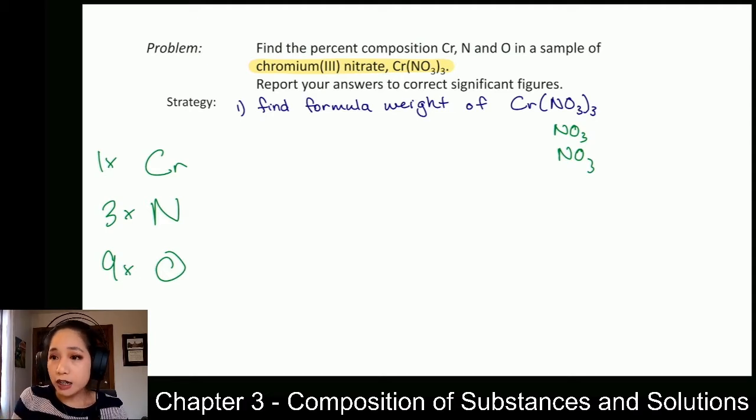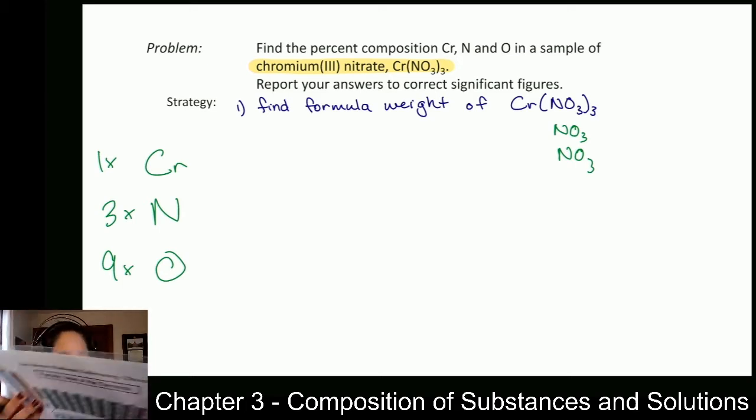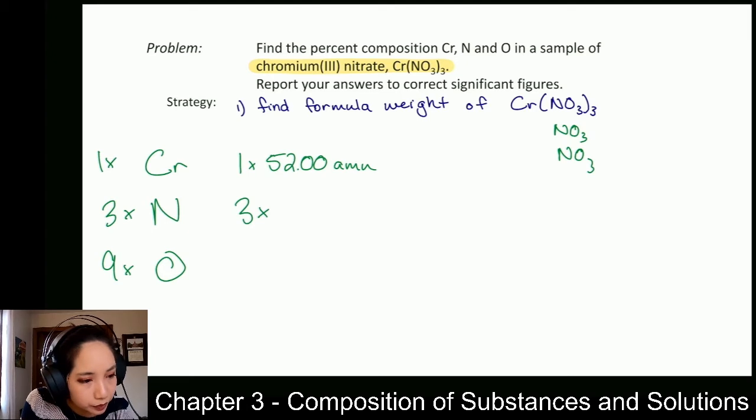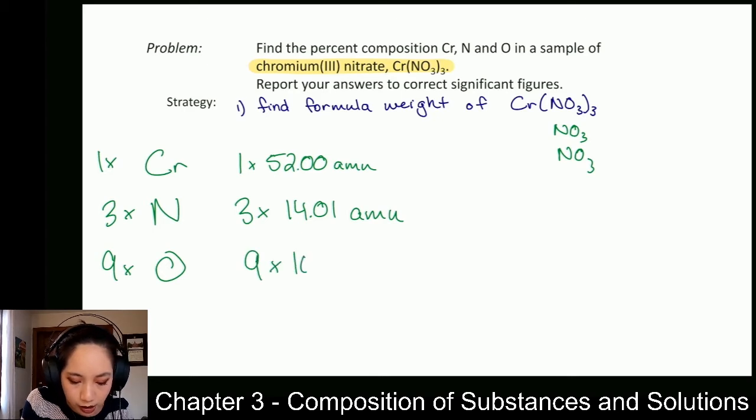Now that I've taken inventory of all those atoms, I will look at the periodic table and those atomic weights that are listed here. So I see that there's 1 chromium, and chromium has an atomic weight of 52.00 AMU. Nitrogen, there's 3 of them, and so 3 times 14.01 AMU, and then there's 9 oxygens, so 9 times 16.00 AMU.